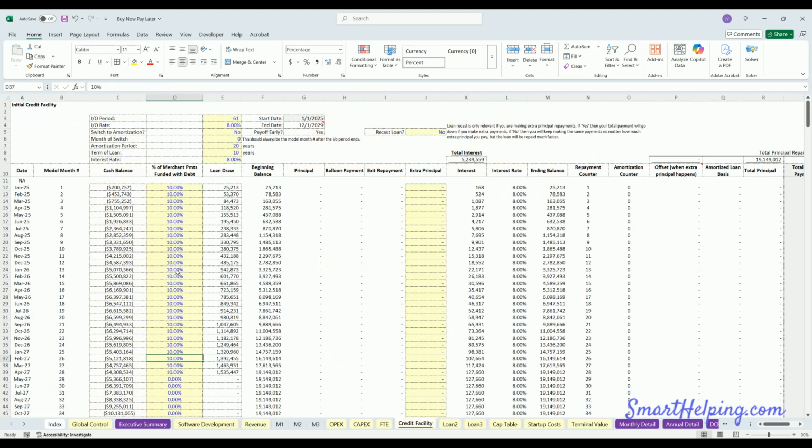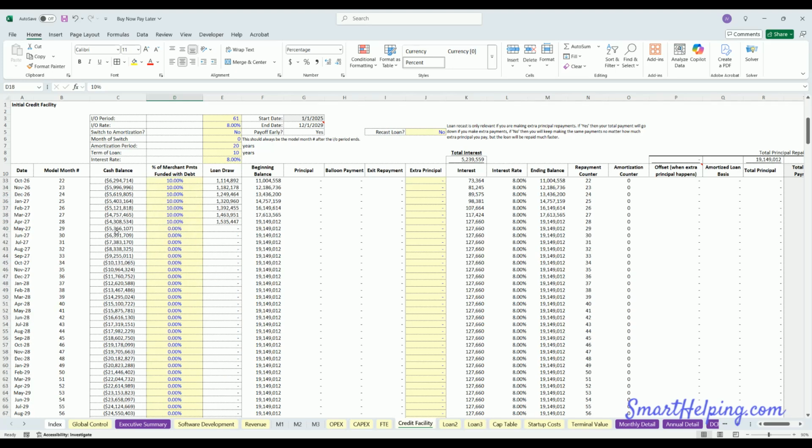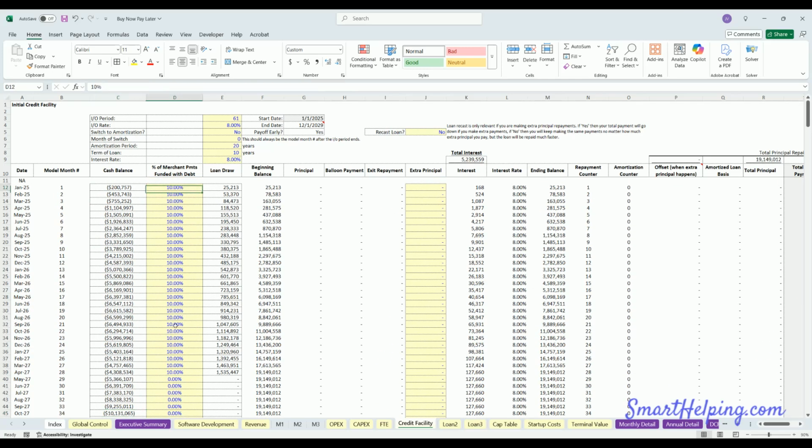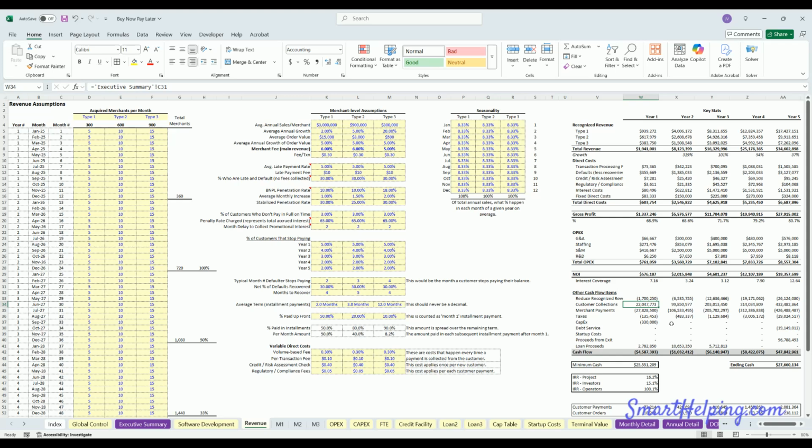And note on interest, we'll get into this more, but you can define how much of the merchant upfront payment that you have to send to them is going to be financed with a credit facility, and you can see how that affects the cash balance over time here. We'll get into that a little bit more later. And we have the interest coverage here based on net operating income.